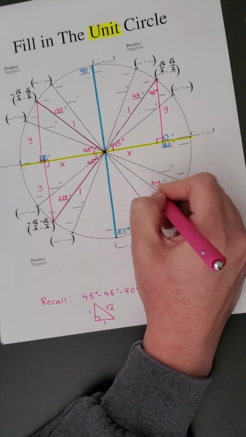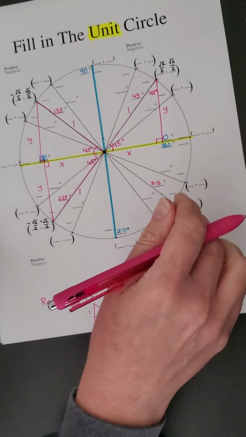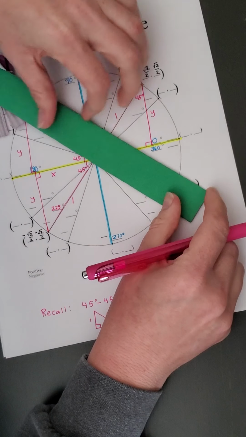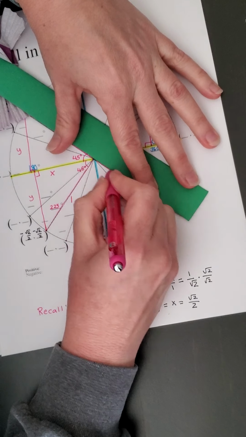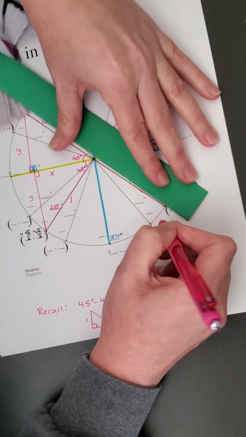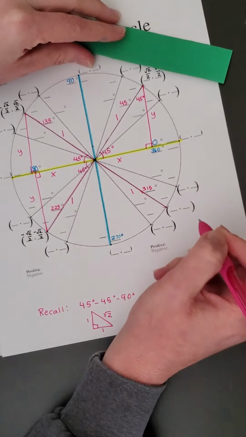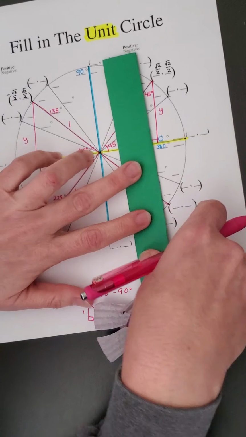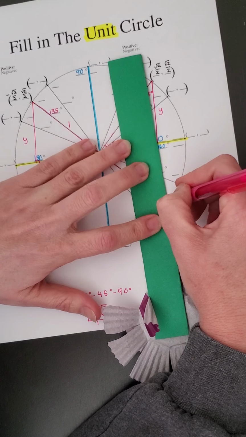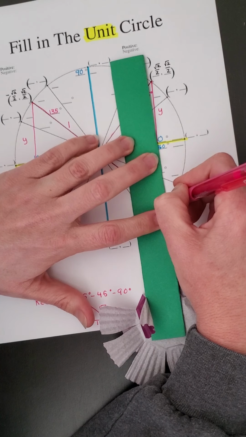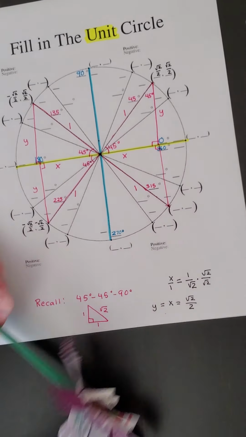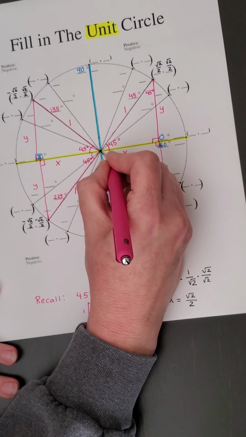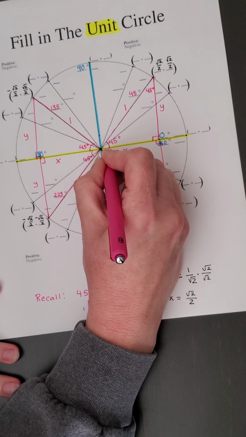So here's another 45-degree angle. So again, from the center out, here's my radius, it's 1. I'm going to drop an altitude up to the x-axis, and that means that this is a 45-degree angle from here to here.